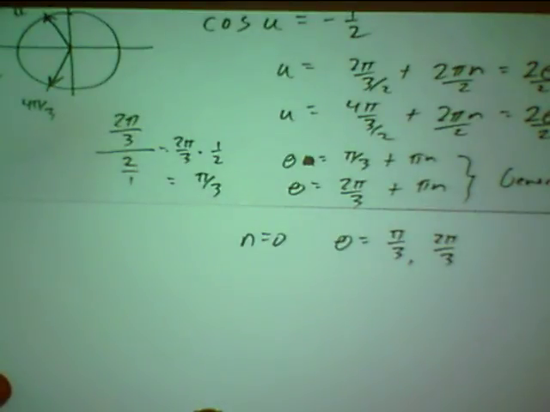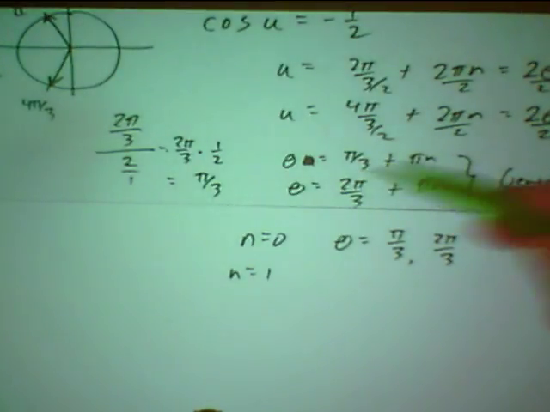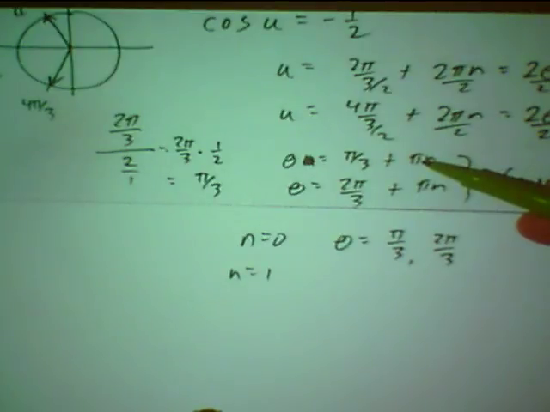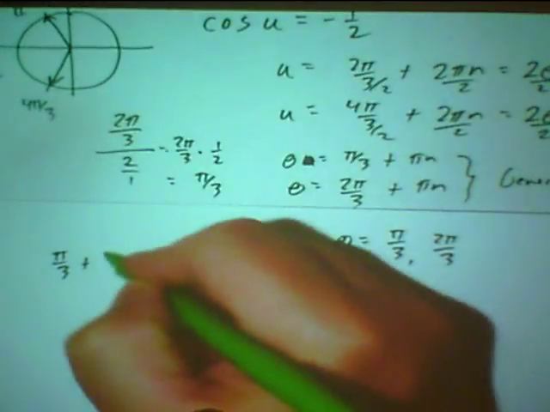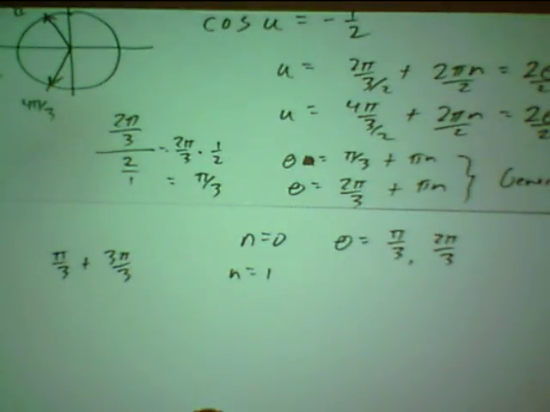How about when n equals 1? When I plug in n equals 1 in my first equation, pi over 3 plus pi, I can change pi to 3 pi over 3.